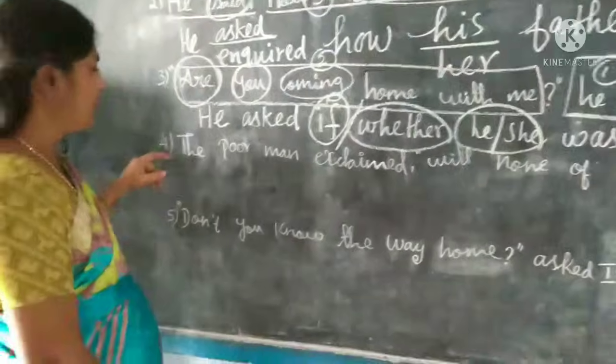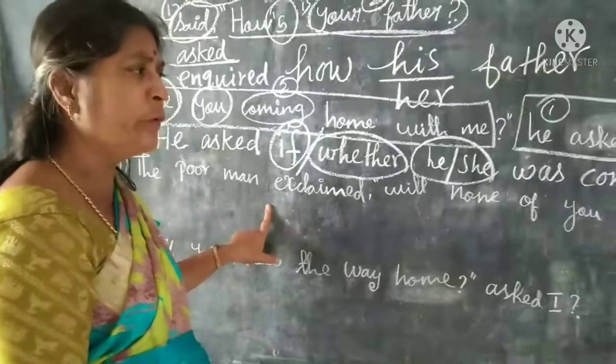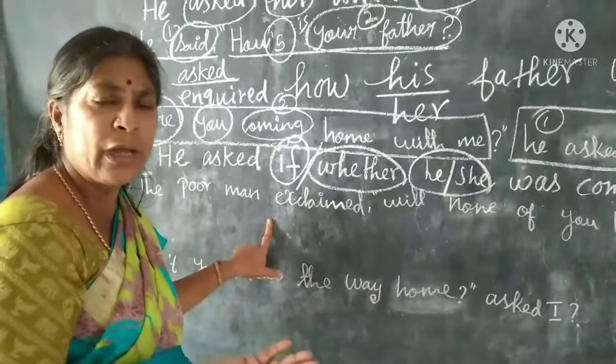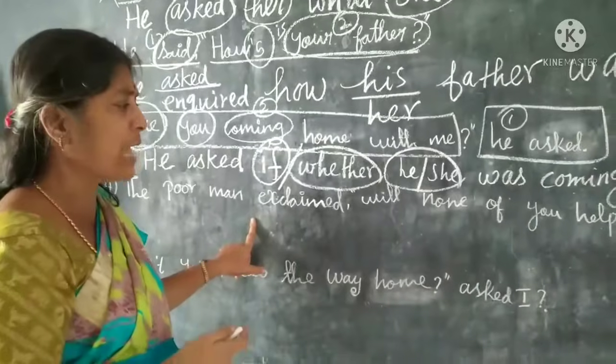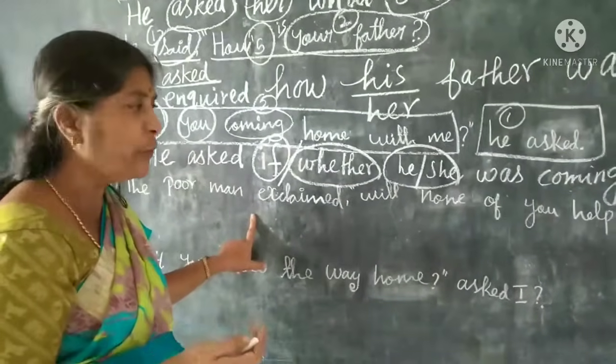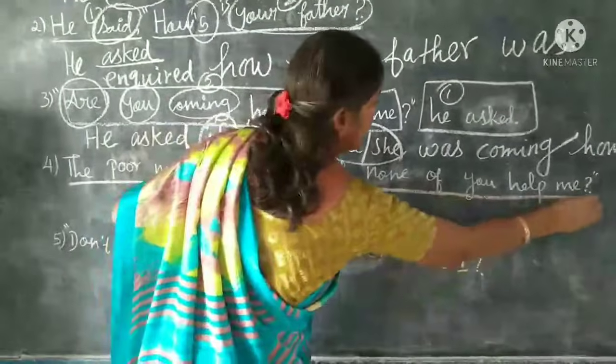Let us see the fourth. The poor man exclaimed, will none of you help me? So he is surprised. Nobody is ready to help him. So he is asking the question, will none of you help me? This is the first part and this is the second part.